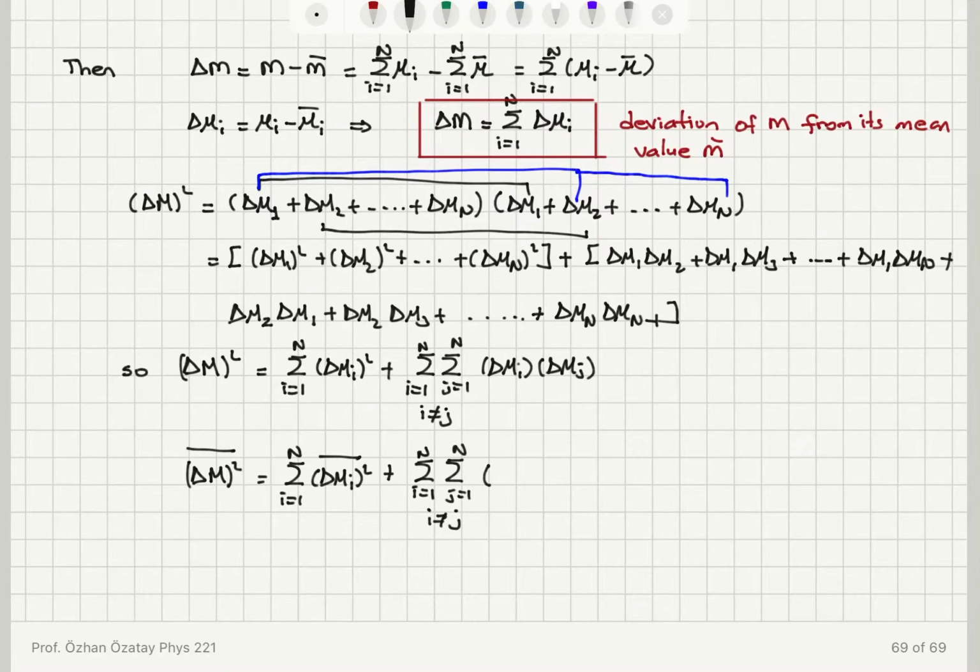And also for statistically independent variables, the multiplication and averaging operations commute. So I can write this as delta mu i bar times delta mu j bar, since for f times g, two functions of mu, the average is f bar times g bar for statistically independent spins.